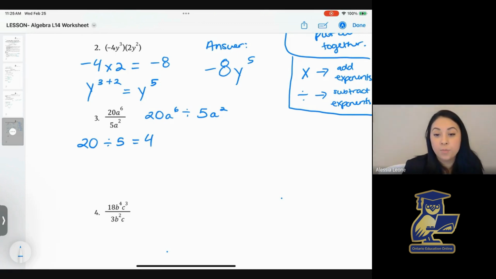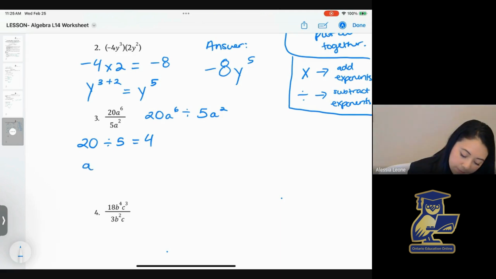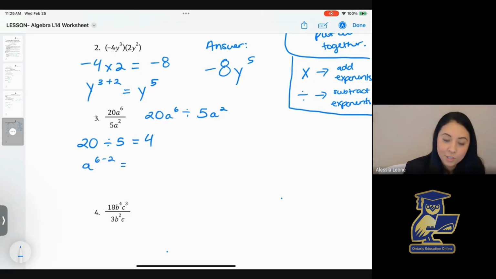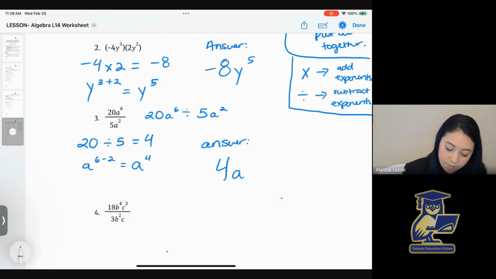Now we work with exponents. Because it's division, we are subtracting our exponents. 6 take away 2. Now we put it all together. 4a to the power of 4.